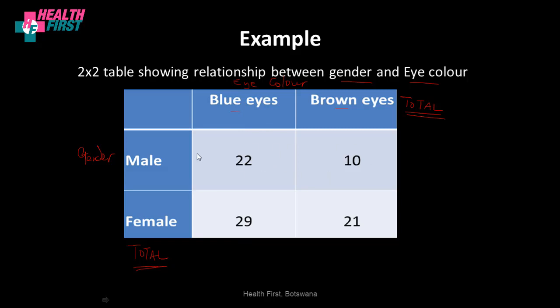For instance, 29 plus 21, that's 50. 22 plus 29, that's 51. And 10 plus 21 is 31. And you can have a grand total somewhere there, which basically represents the total of the entire table.